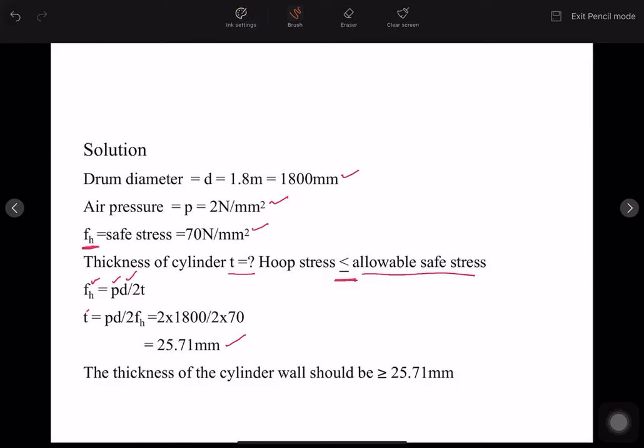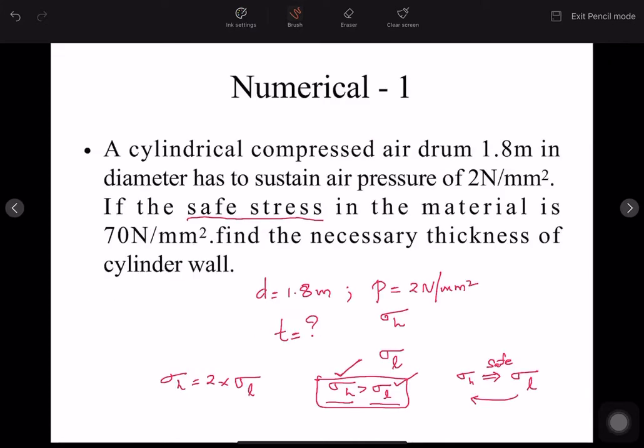We got this thickness by equating hoop stress to the allowable safe stress. That means at this particular thickness, the cylinder is just safe for this pressure. It is just safe, it is the lower limit.